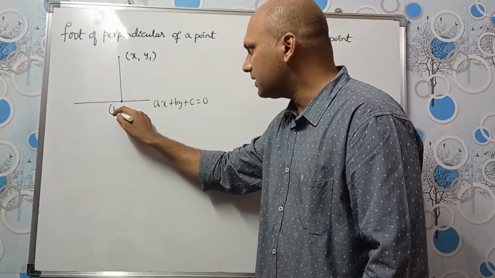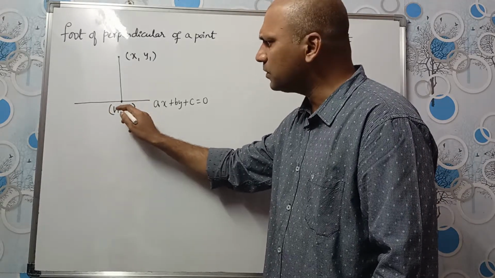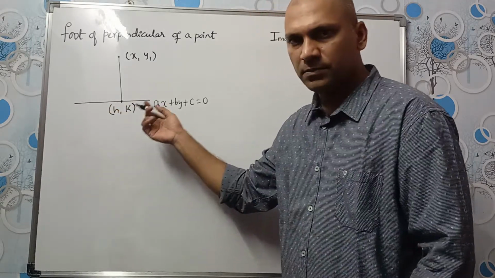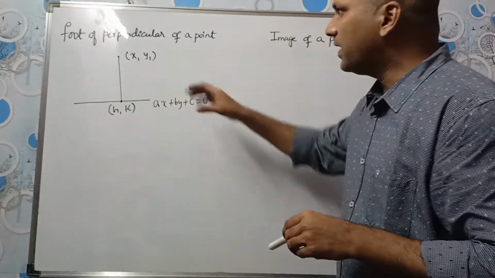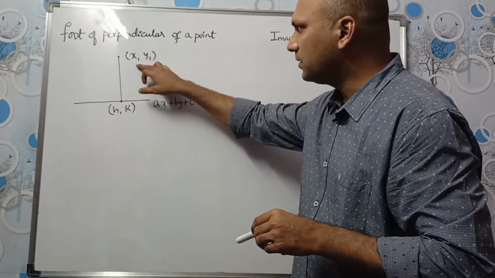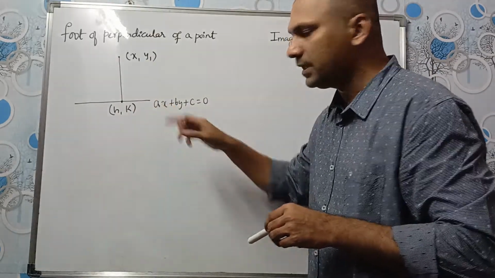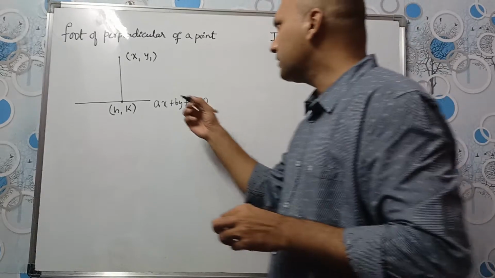Let us say this is h comma k. In some books this is given as alpha comma beta. We are writing it as h comma k. Now we'll find the relationship between these three: a point, foot of perpendicular and the straight line. What is that relationship?